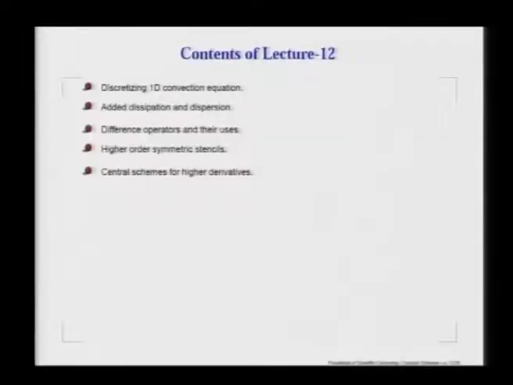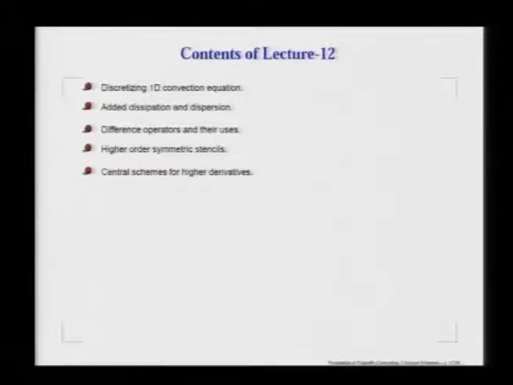We will continue our discussion on discretization on lecture 12. What we are essentially going to do is display the various concepts by taking up an example of the 1D convection equation. This is the most elementary equation that one can talk about.